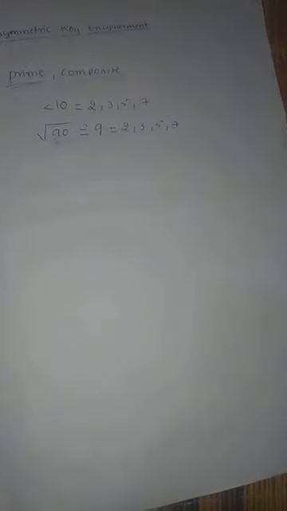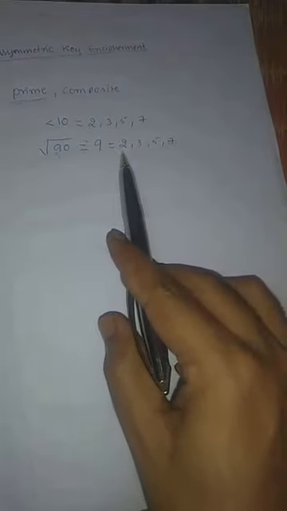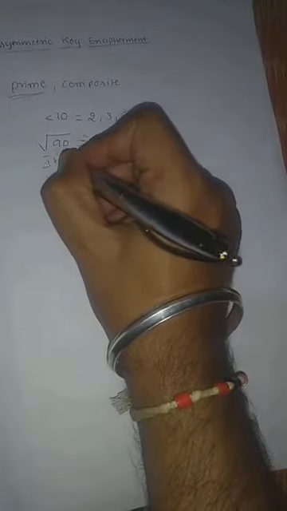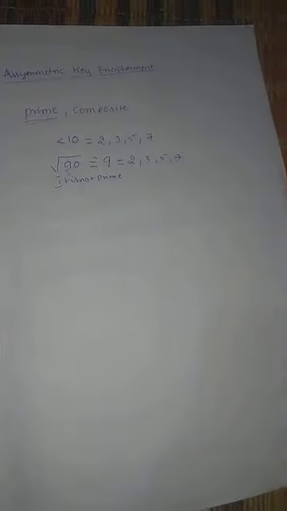So the thing is, if the value is not divisible by any of these four numbers, then it is called prime. Now in this case, it is not a prime because 90 is an even number.